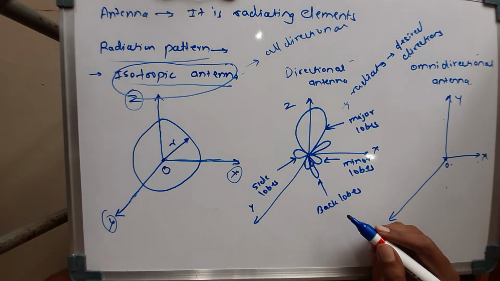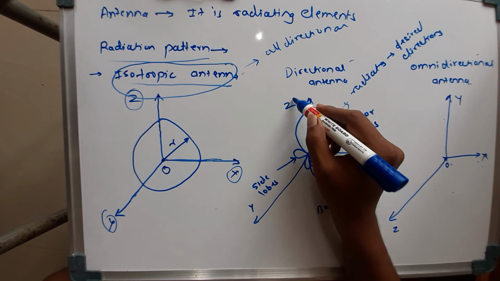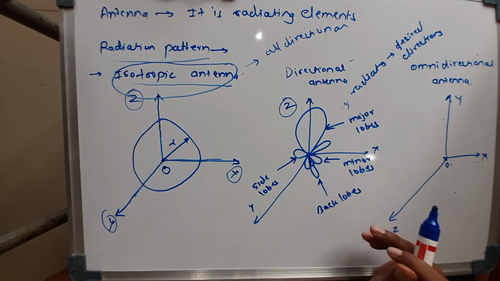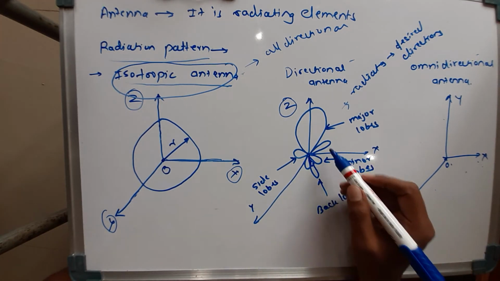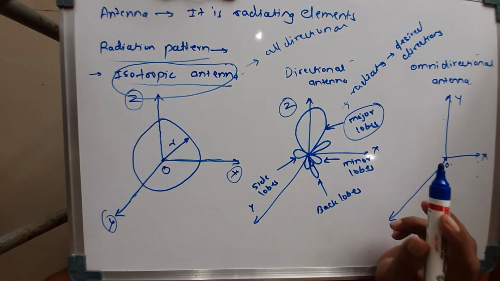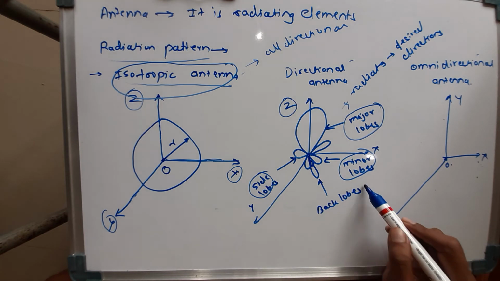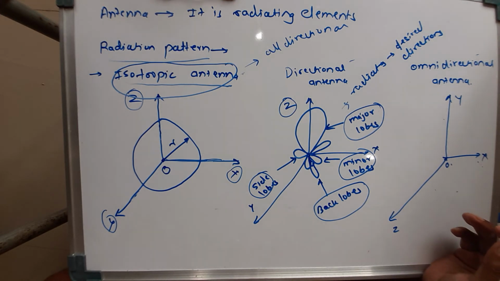So if you observe this, this particular antenna will radiate only in z direction, and for other directions the signal radiation will be negligible, or some sort of minor lobes will be created. So this major lobe consists of the signals, while side lobes and minor lobes have weak signals, and back lobe is basically the reflection on the opposite side of the particular radiation pattern.